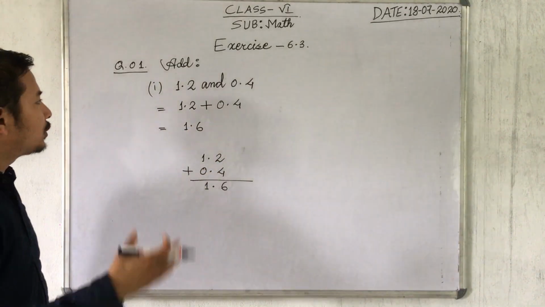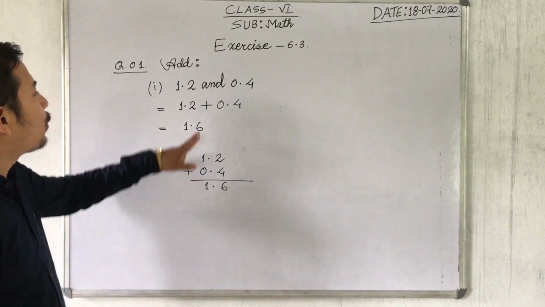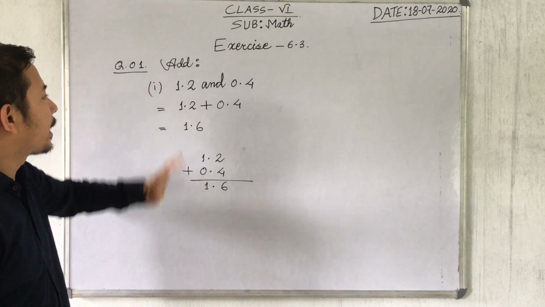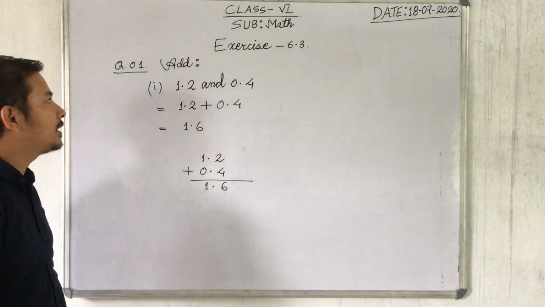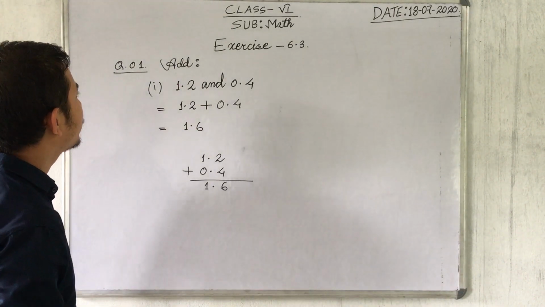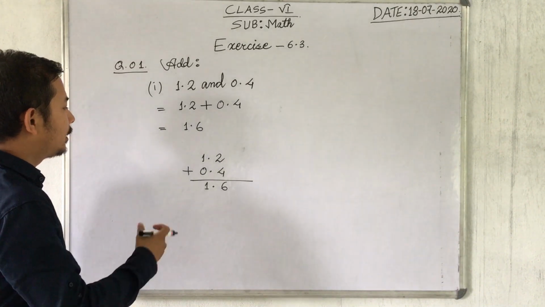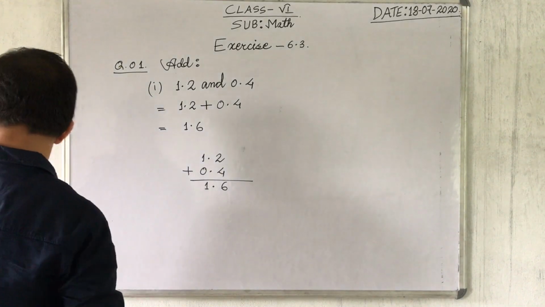Simple. You just need to put a plus sign in place of 'and', okay, because we are going to add. Very easy. This is very easy decimal addition, okay. So this is number 1. Very simple. Understood?